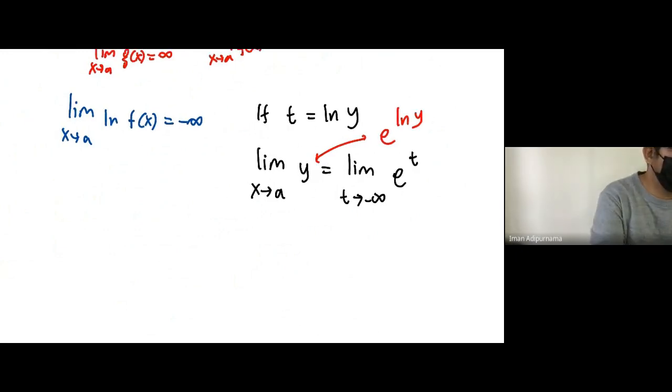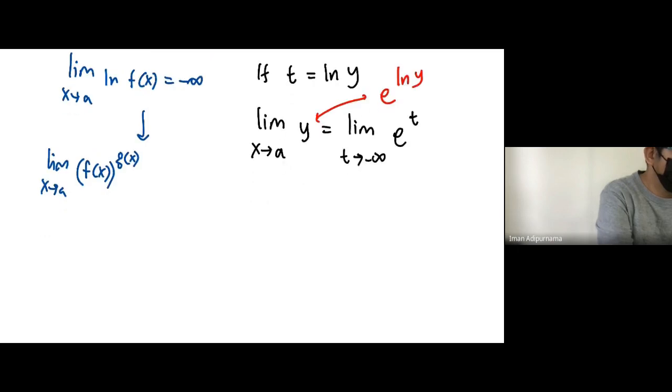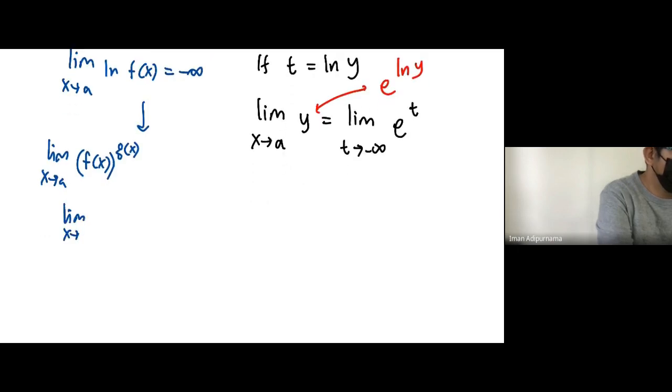This is saying that if you are going to check this limit, let me maybe write the original one. We check this limit with e, and then this will be g(x) ln f(x).